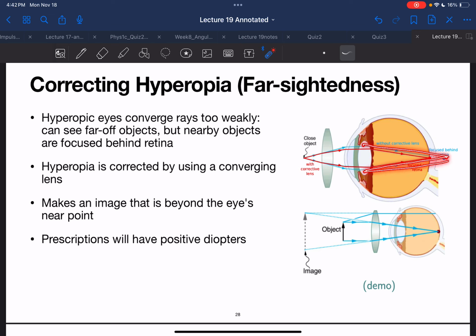In those cases, we put a converging lens because basically we need to help the eye in bending the rays further and causing the focused image to form here. So farsightedness is corrected by converging lenses, and nearsightedness is corrected by diverging lenses. And I will bring the demo to class on Wednesday for you all to be able to see this.